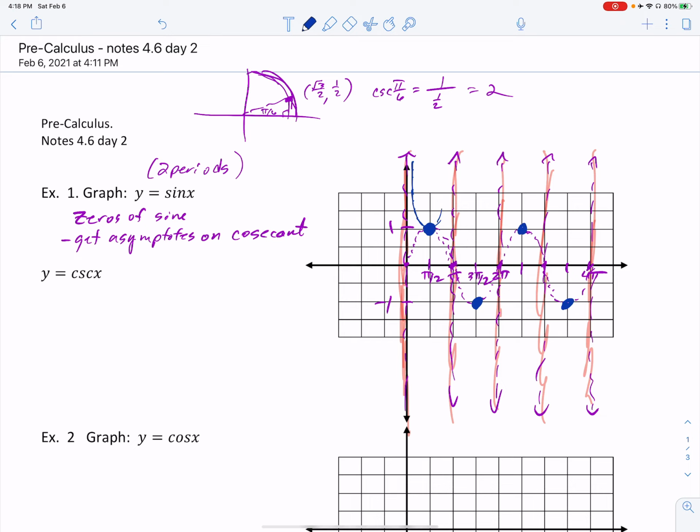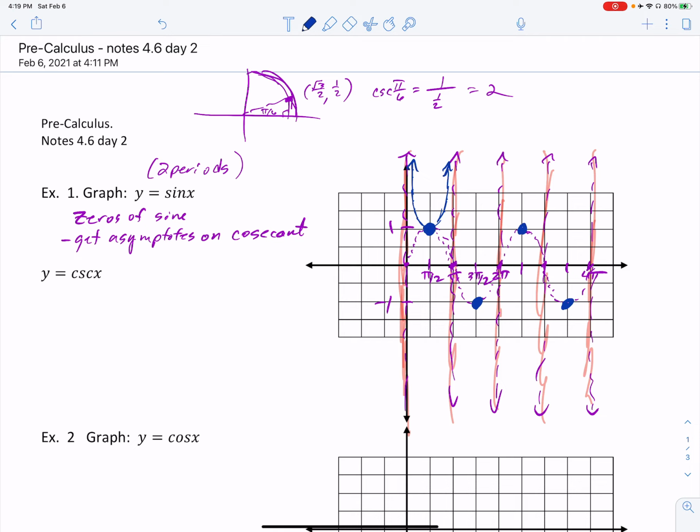And what happens is, as the values get closer to 0 on sine and you do the reciprocal, the values on cosecant go to infinity. And so that's how we're going to graph this.